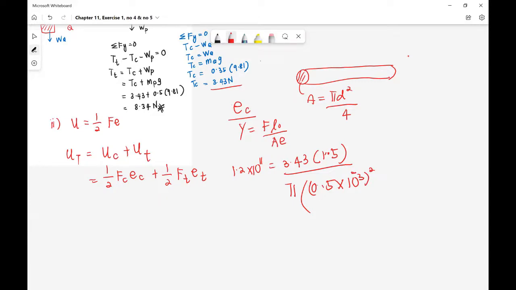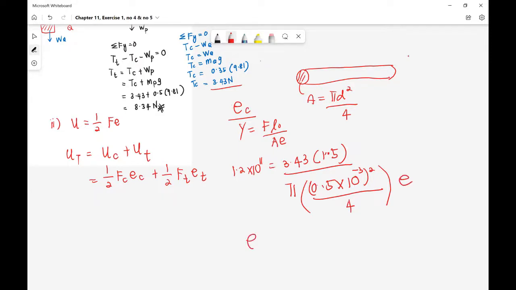Tukar kepada meter. Okay. Over 4. Okay. And then times elongation E, which is the unknown.